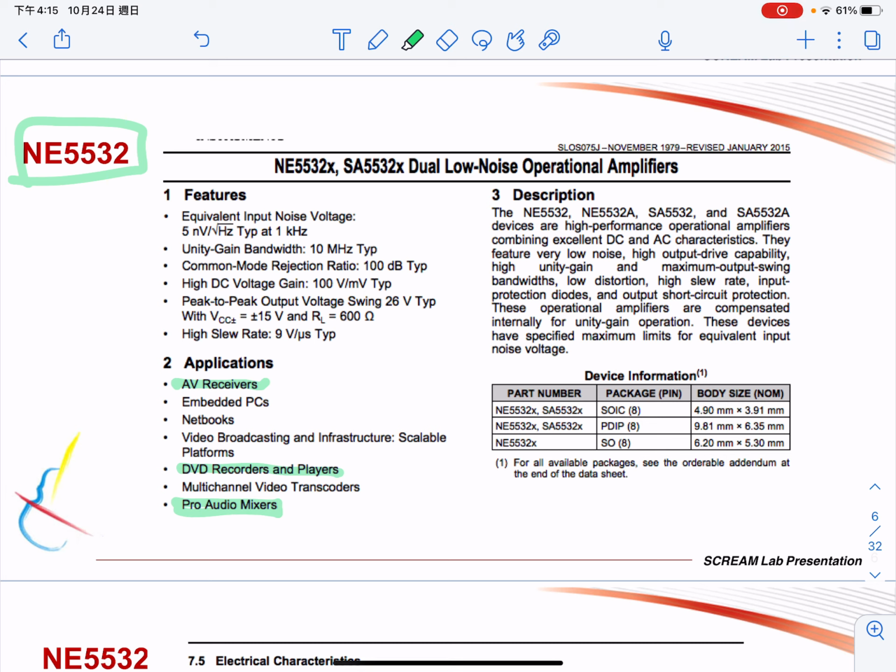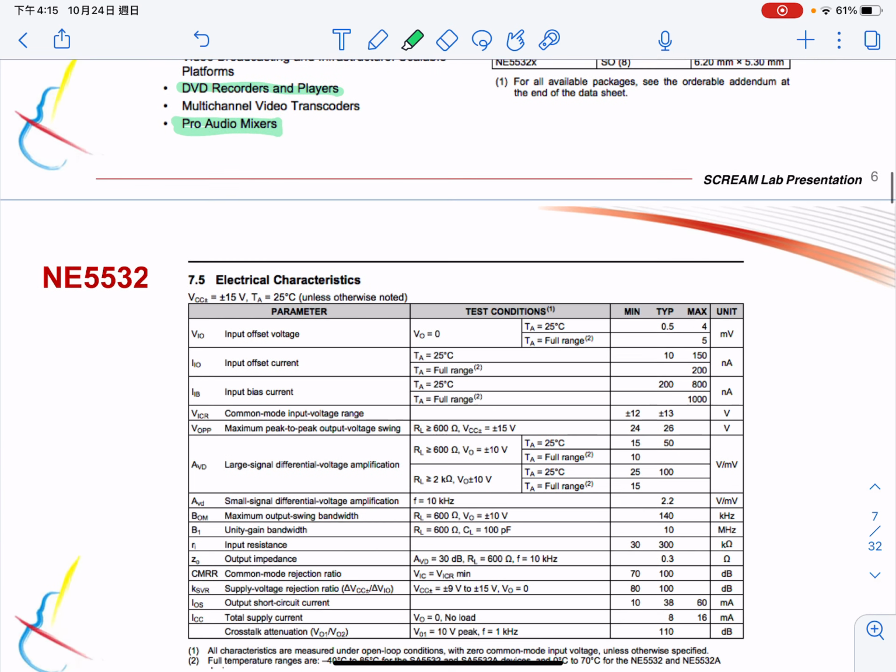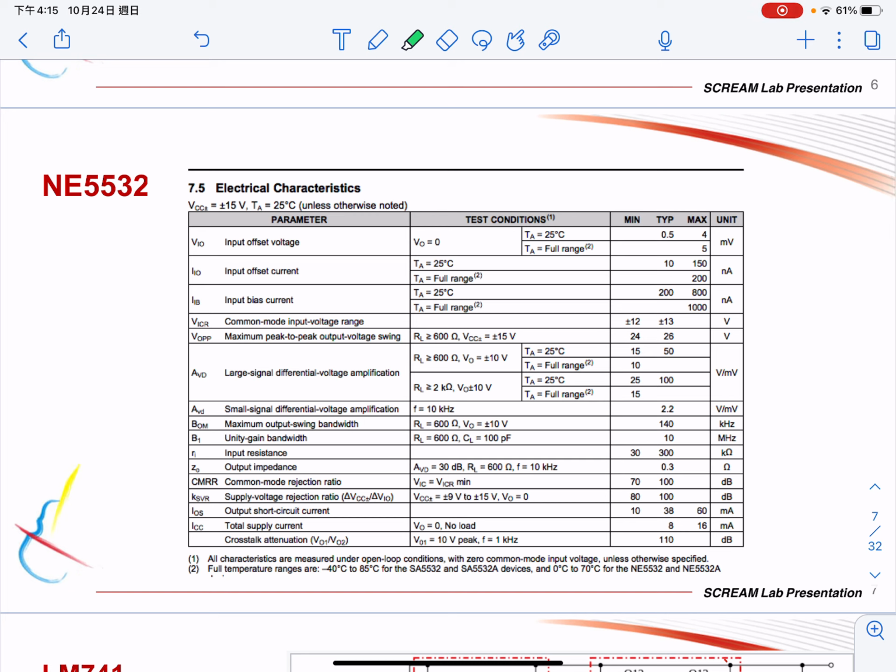So these are basically its specs. As we can see, its offset voltage is even smaller, only 0.5 millivolts. The bias current is still very small, at the nanoampere level.